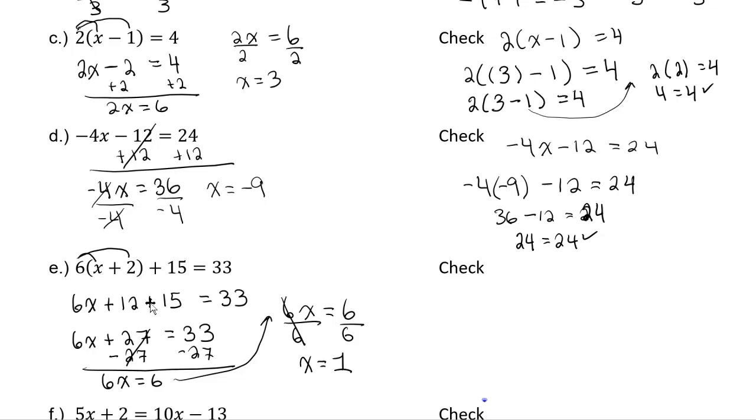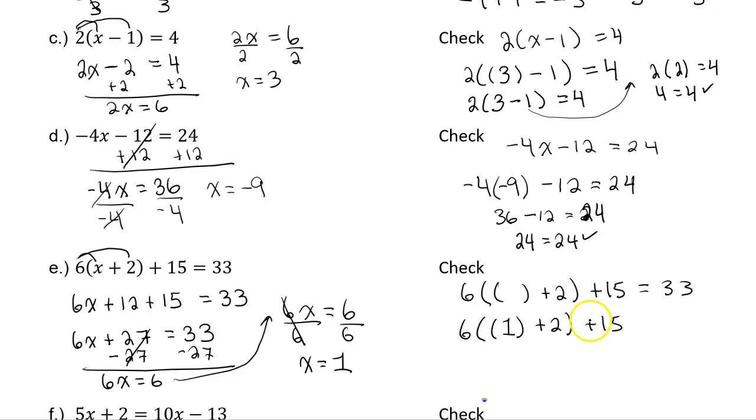All right, check time. So I'm going to do my 6. Okay, and then I'm going to go ahead and take the x out, put in parentheses. And now I'm just rewriting the rest. So I get 6 parentheses. I put the 1 in place, plus 15 equals 33.